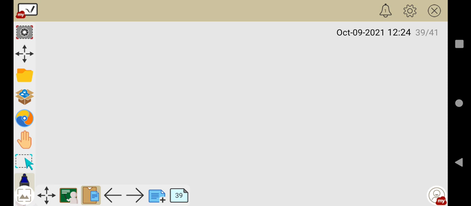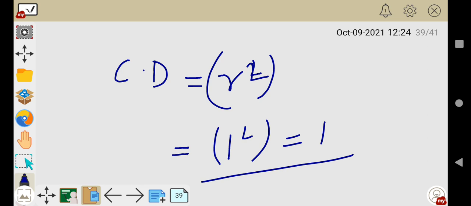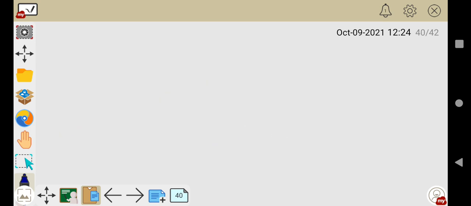Correct? Then there is something known as the coefficient of determination, which is measured by r square. Just now we saw r. Correct? If r equals +1, then 1 square equals 1. If -1, then -1 whole square, again 1. If 0, then 0. Correct?